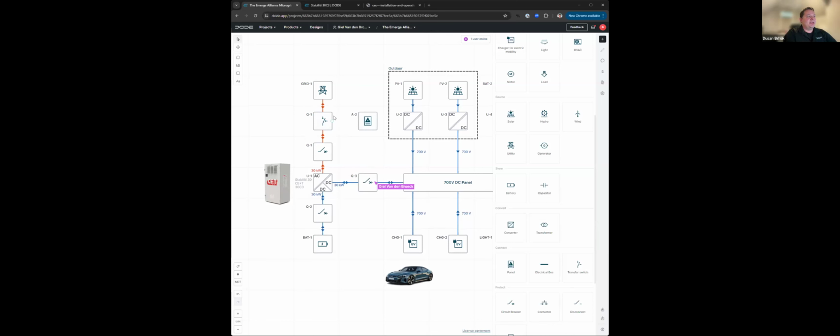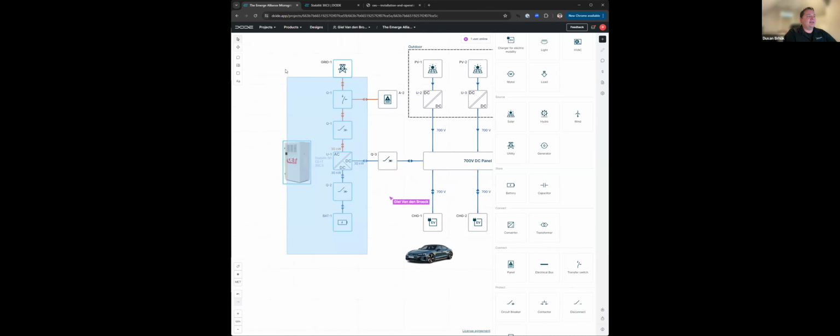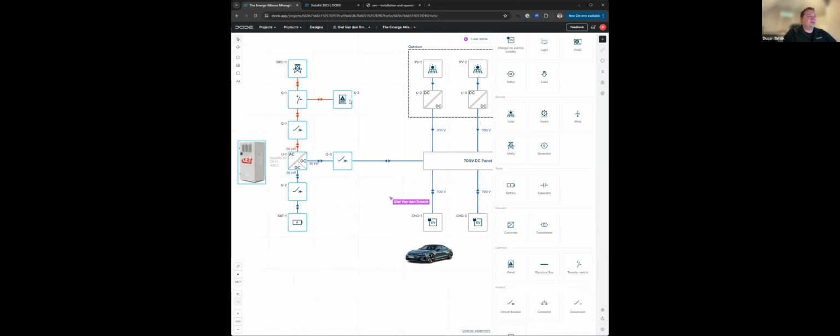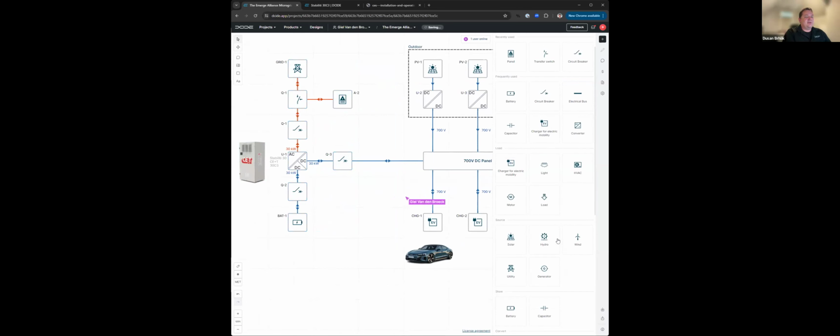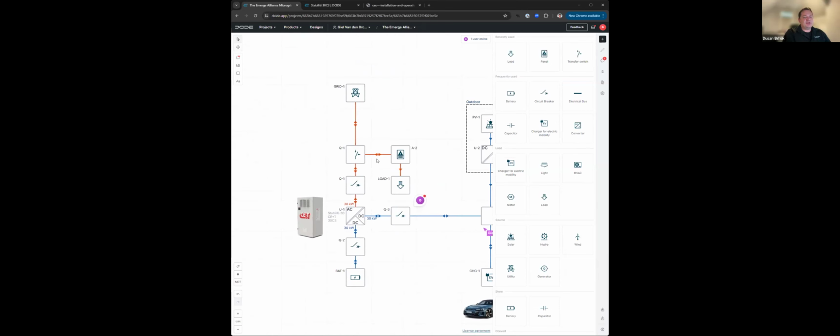Then typically we would add some kind of an AC panel that you're connecting your load to. And you can add an arbitrary AC load that you can define and change this to an AC load. So this question about unbalanced loads really matters when you're disconnecting.